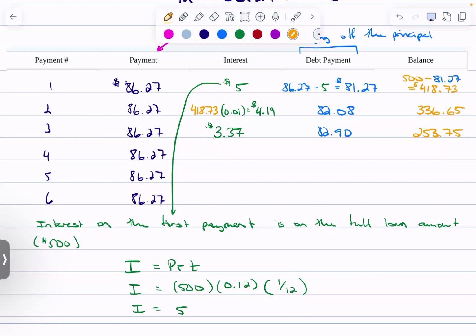We can keep going. Times 0.01 on to the next line. 2.54. 86.27 minus 2.54. 253.75.